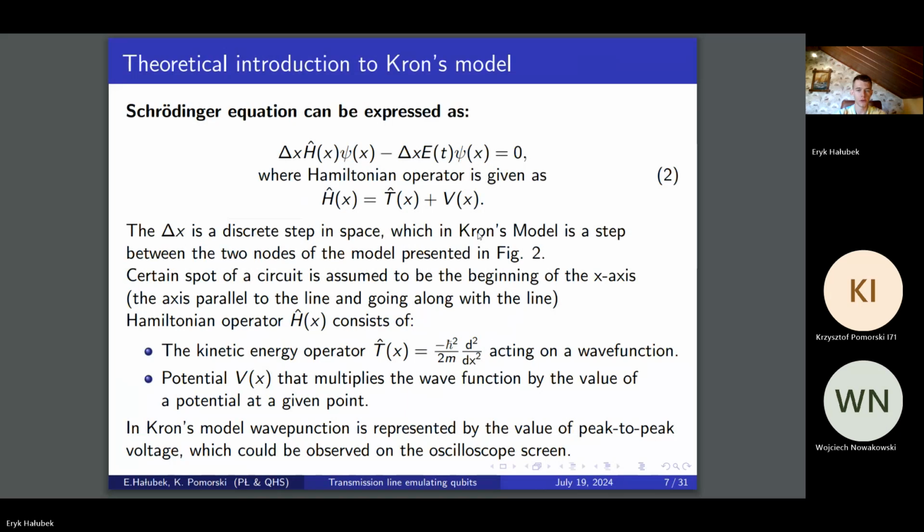Okay. In this model, the wave function is represented by the amplitude of the voltage; we could measure the peak to peak voltage in our circuit models that we could observe on an oscilloscope screen. That's the most basic interpretation.